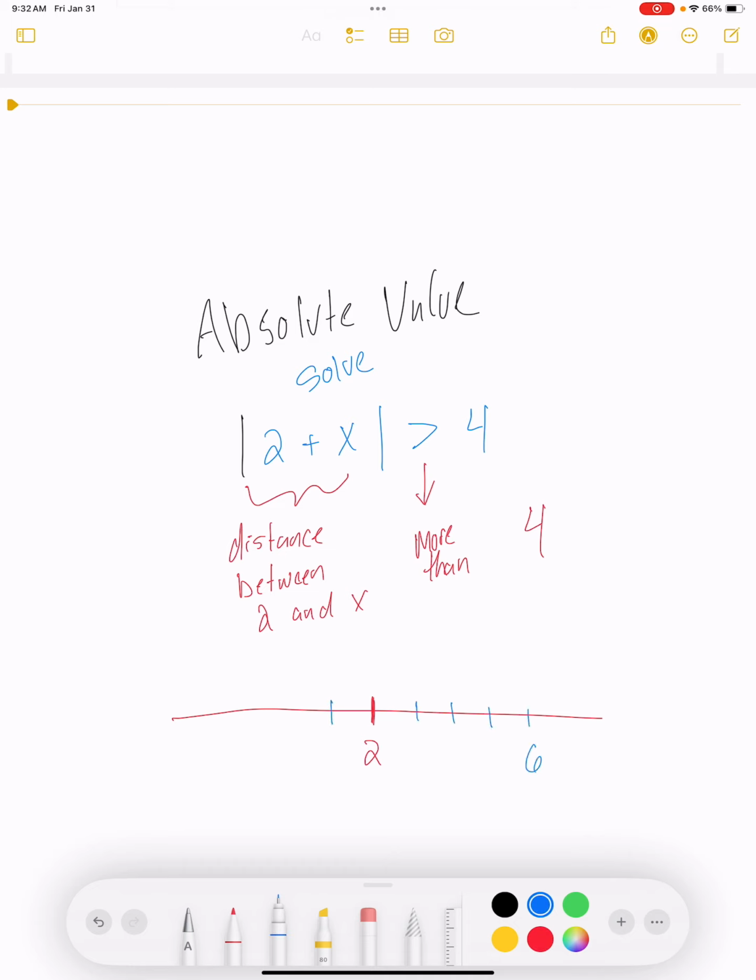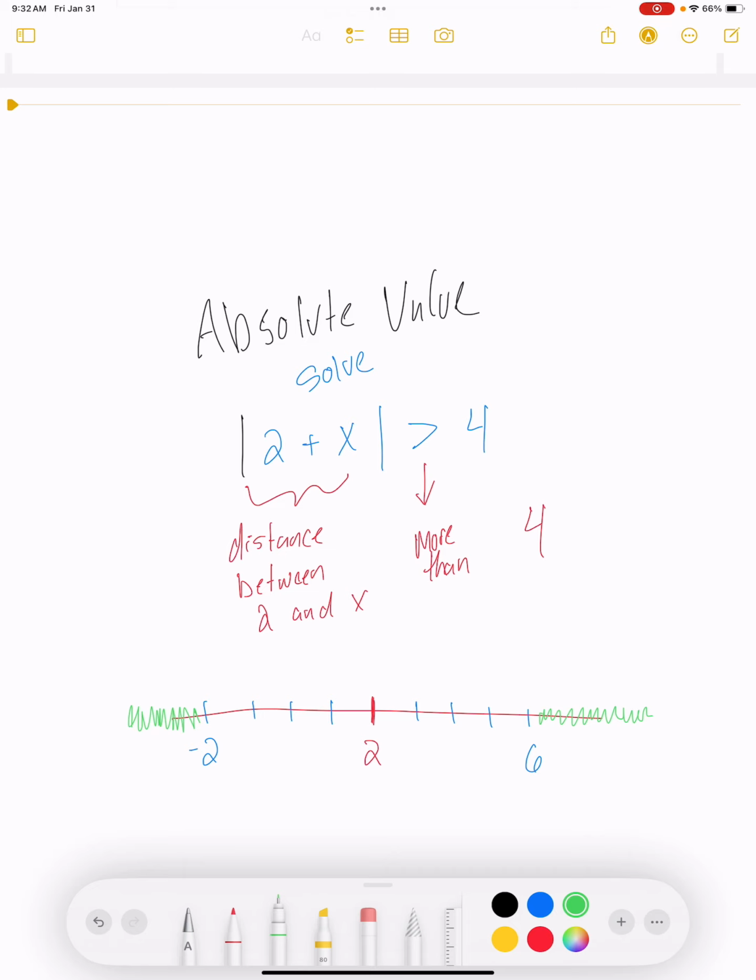And if I go down 1, 2, 3, 4, then I'm at -2. Well, is my answer, okay, x equals 6 or x equals -2? No, because it says it's more than that. So it means it's everything above that, right? Or everything below that.